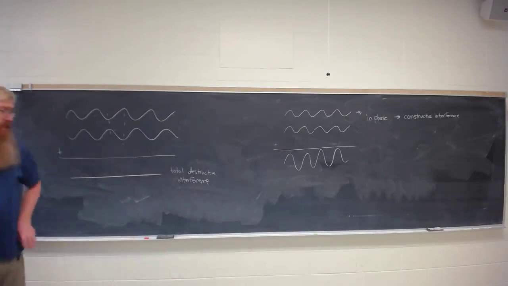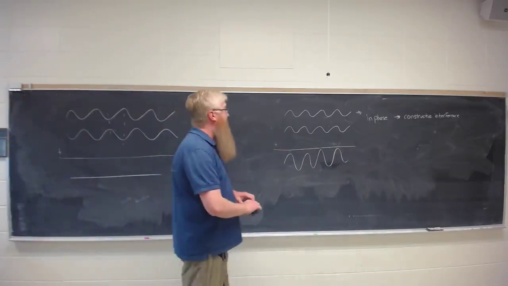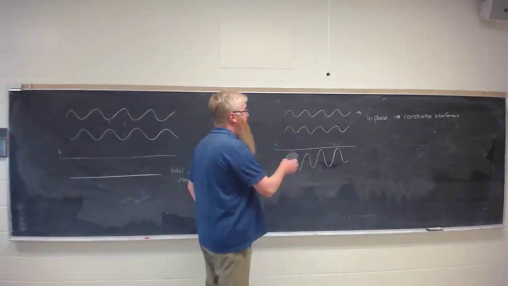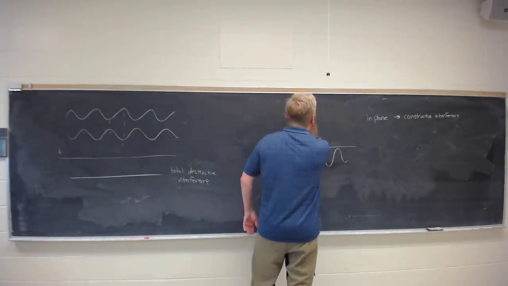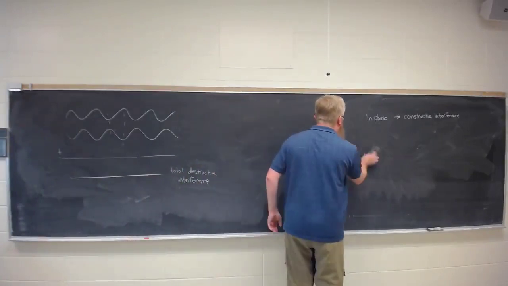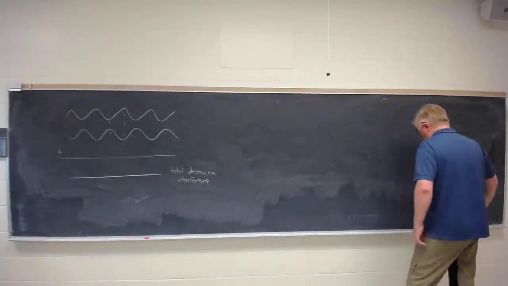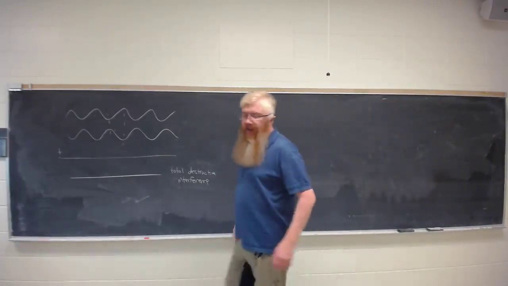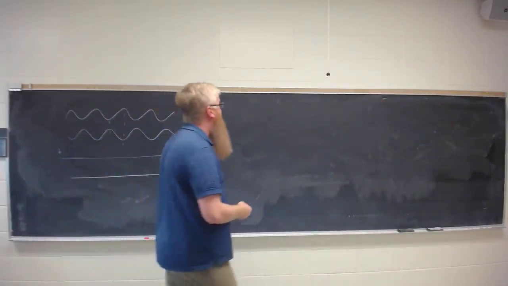And then finally, beat frequencies. One thing about constructive and destructive interference, we're assuming these are the same phase and the same frequency. What if they're not the same frequency? What if you have two sounds that have slightly different frequencies?